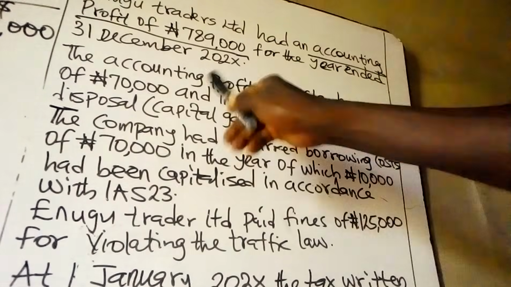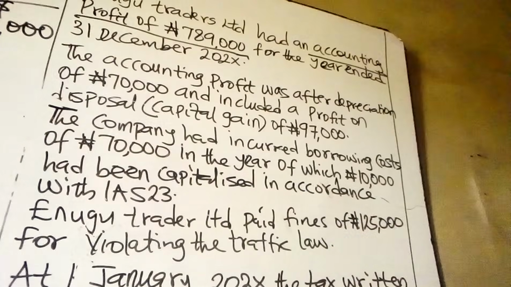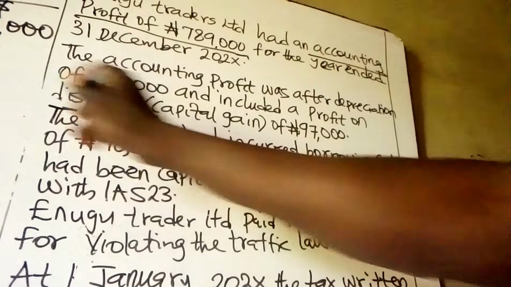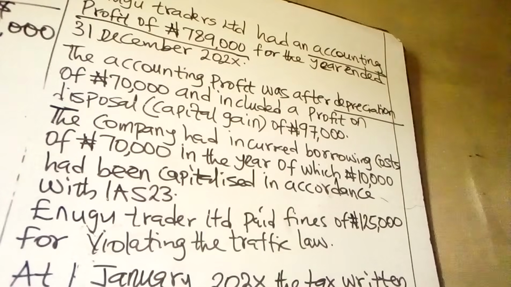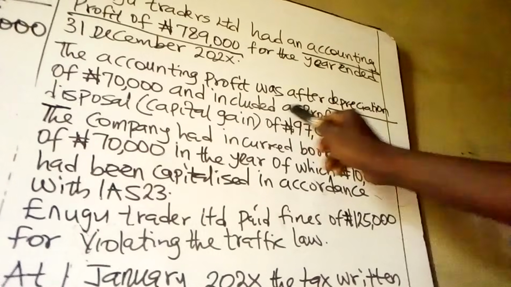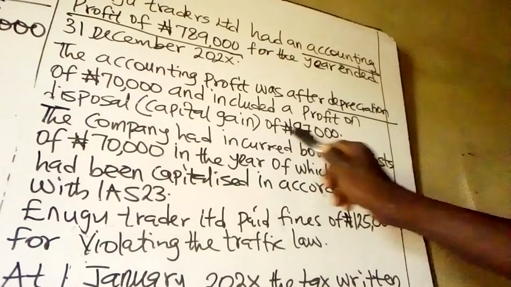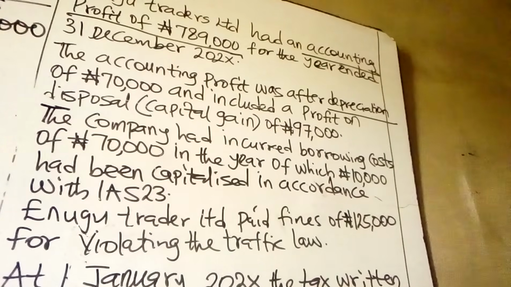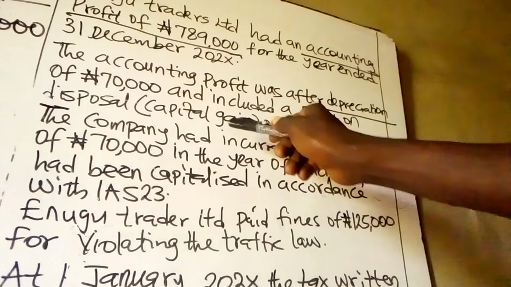The accounting profit was after depreciation of 70,000. I've told you that depreciation is not allowable, but capital allowance has been granted in lieu of accounting depreciation, and it included a profit on disposal, that is capital gain of 97,000. We said profit on disposal is not taxable.